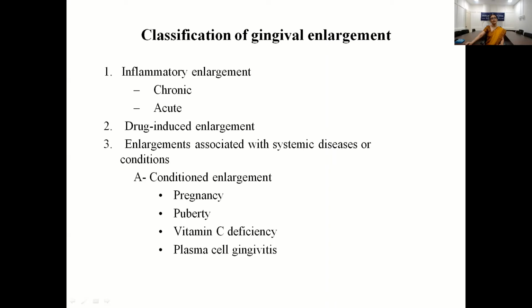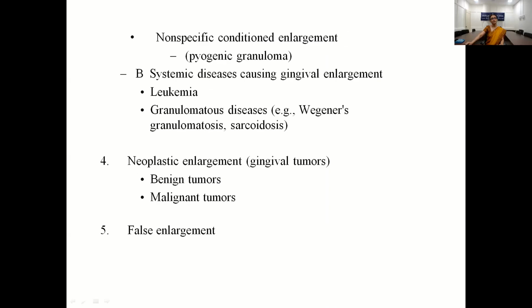Now, a full question can be asked to you on gingival enlargement. Non-specific conditioned enlargement, systemic diseases causing gingival enlargement: leukemia, granulomatous diseases, that is Wegener's granulomatosis, sarcoidosis; neoplastic enlargement, gingival tumors, benign tumors, malignant tumors, or false enlargement.